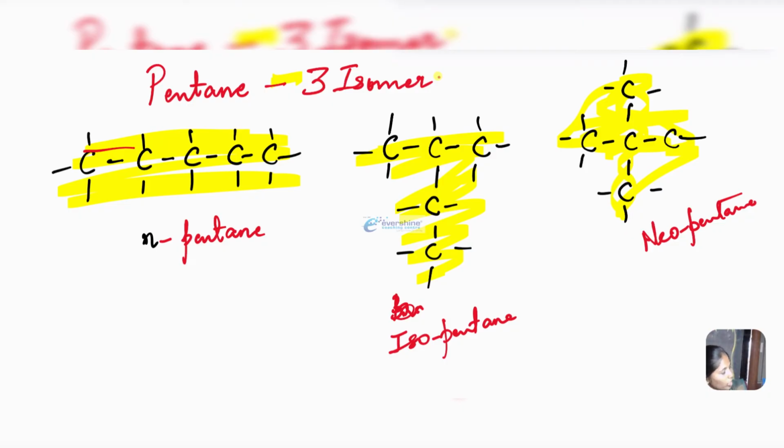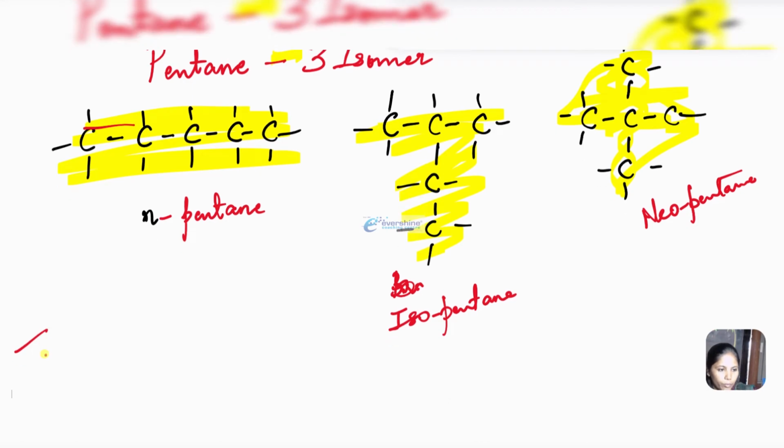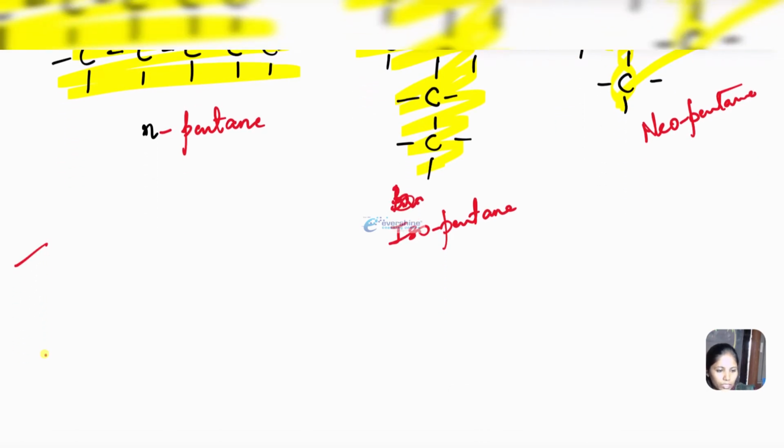Usually they'll ask about pentane: how many isomers can you draw for pentane? 3. For hexane, 4. For heptane, 5. For butane, 2. So this is all about isomers, isomerism, and the number of isomers you can draw for a compound.